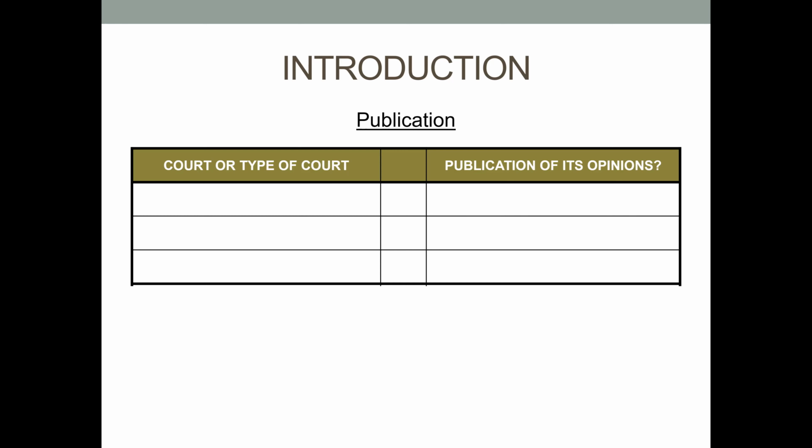So let's start with the federal courts first, and we'll start with the very top one, the U.S. Supreme Court. Pretty much, yes, its opinions are always going to be published. That is, they will wind up ultimately in the hardbound case reporters of U.S. Supreme Court opinions.